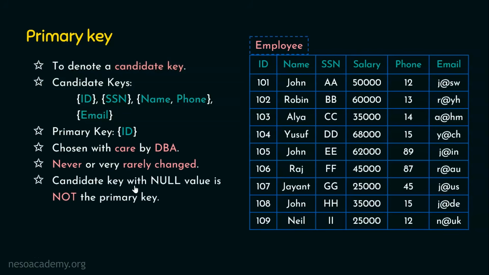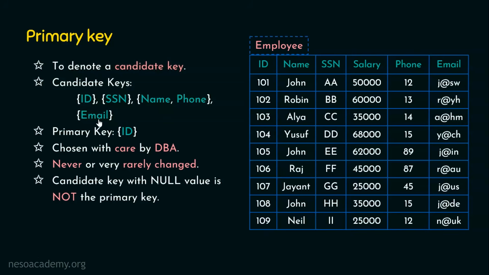Remember, a candidate key with null value is not chosen as the primary key. In the set of candidate keys, we have chosen ID as the primary key because it is unique and not null. We may also consider SSN, but we cannot consider name plus phone number or email as the key. The reason is that the candidate key name plus phone number has an attribute which can support null values.